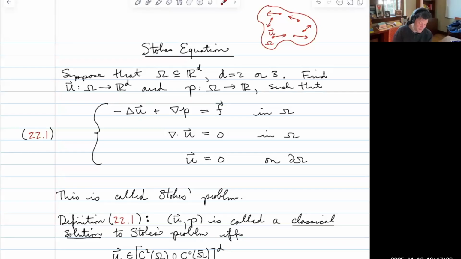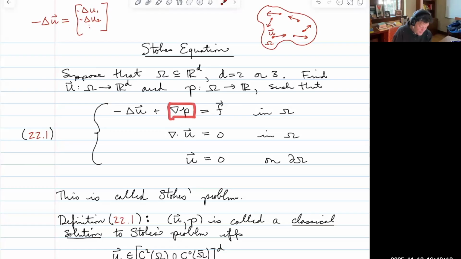So u is a vector function. It's got different components. So what we mean by this is if I apply the Laplacian to this vector u, it means the Laplacian of the first component, minus Laplacian of the second component, and so on. You just apply that Laplacian operator, or in this case, negative Laplacian operator, component-wise. So that returns a vector when I apply this Laplacian to this vector.